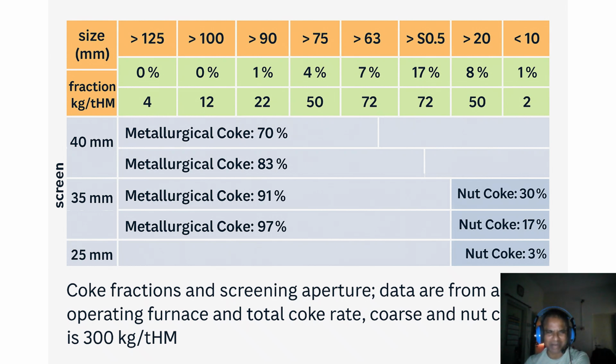And at this band, we have a perforation of 35 center screen, coke screen. So at this, the generation of nut coke is 17%, which is very favorable, and in a bigger furnace it is a very suitable band where we can maximize our production, and it is cost effective also.